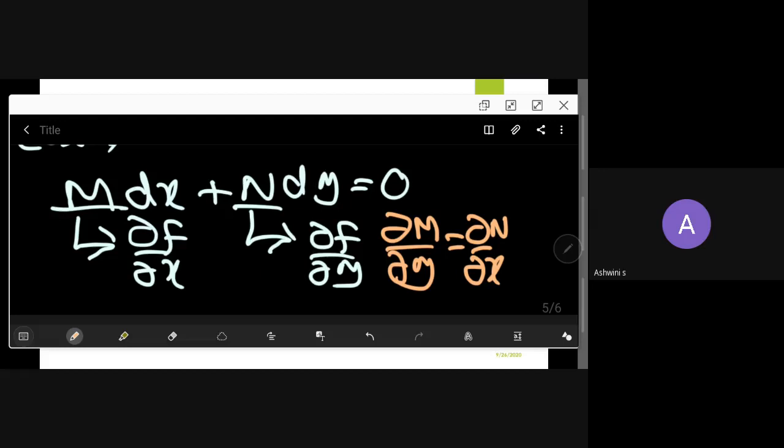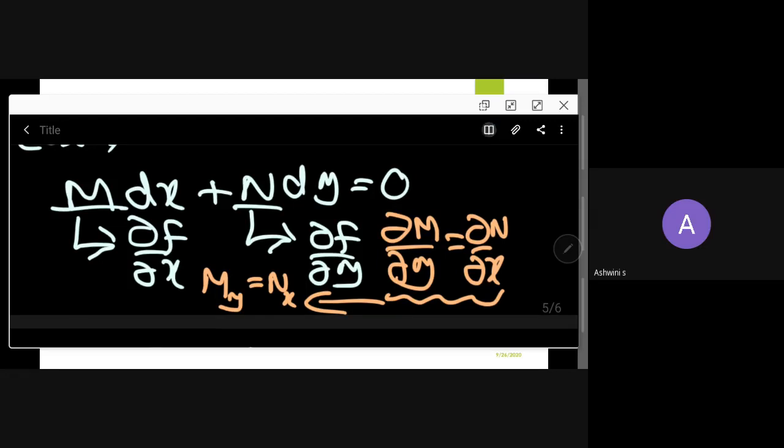So they are equal anyway. In short, sometimes we write this as M subscript y equal to N subscript x. That is the condition for exactness.